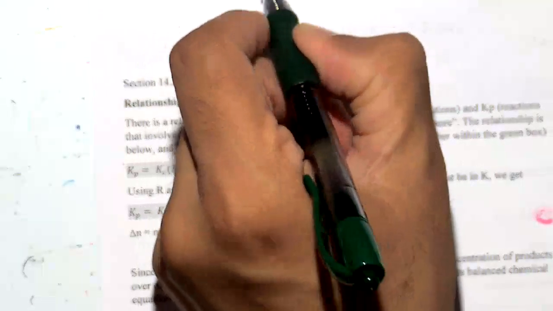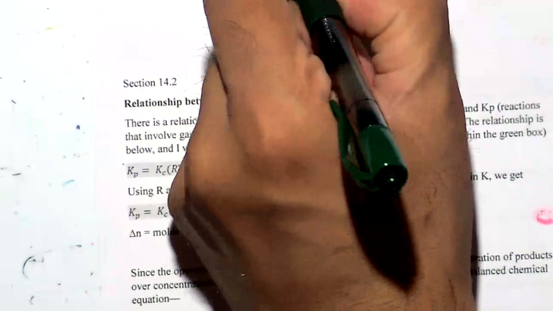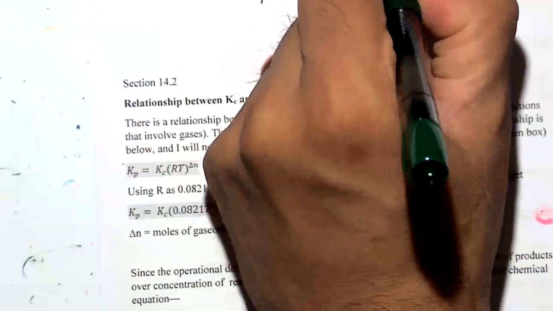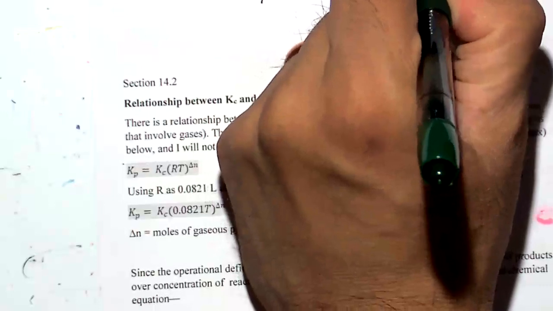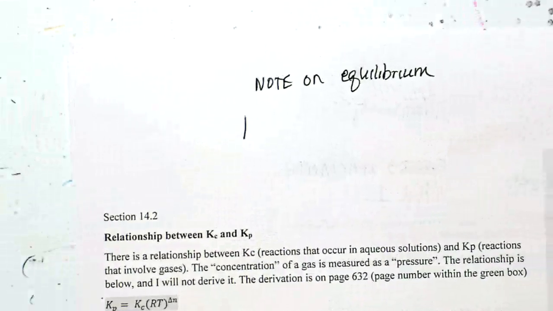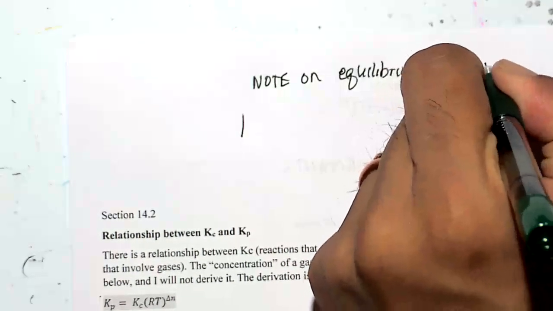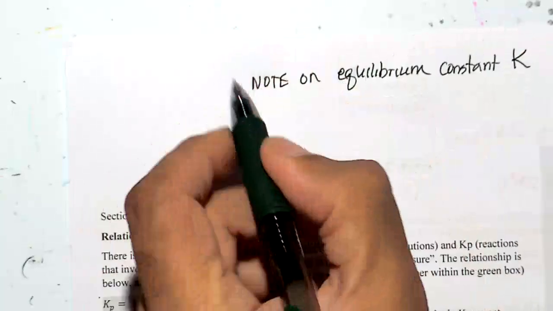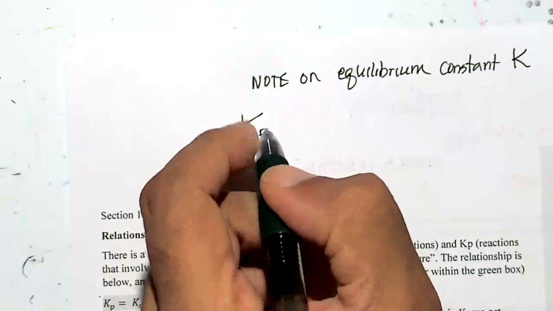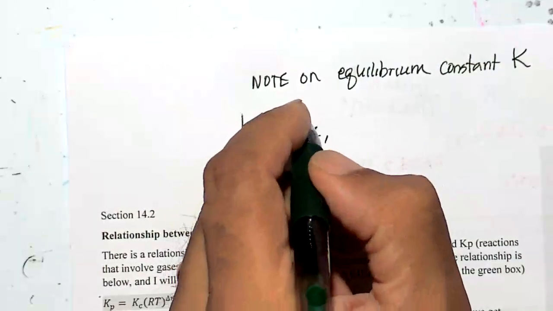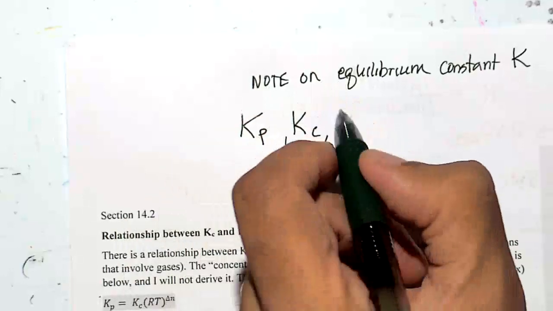Note on K's: we have a Kp, the P stands for pressure. You have a Kc, the C can stand for concentration.